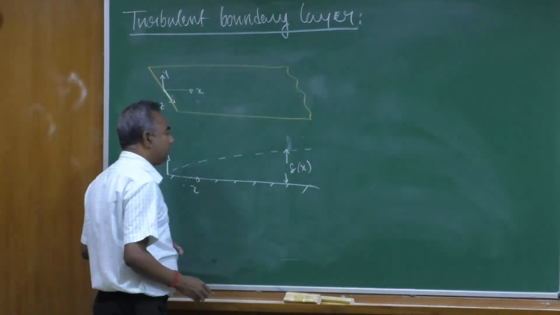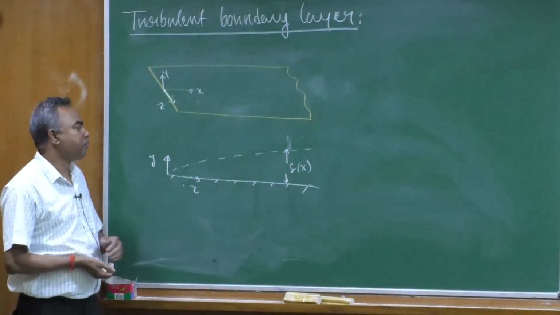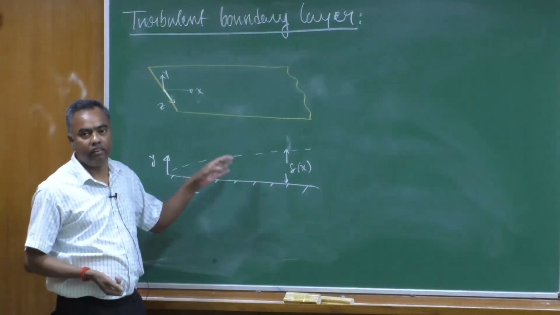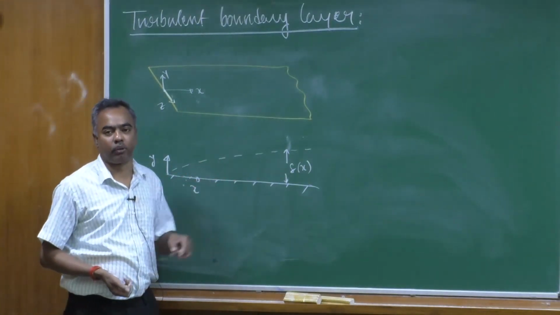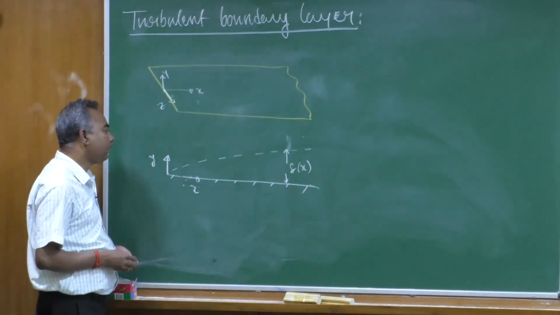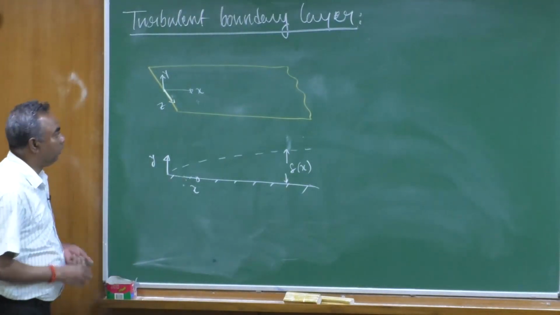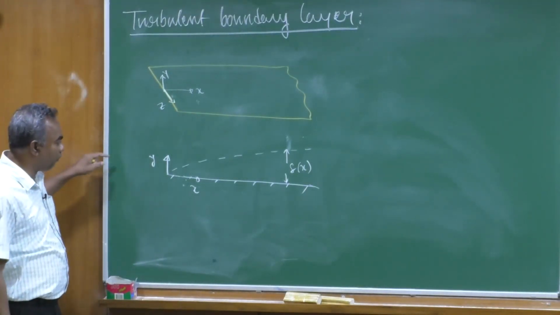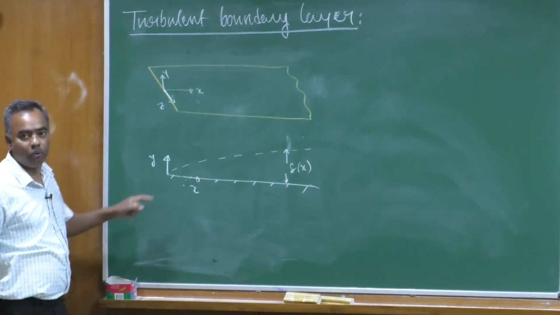What is delta? It is the height where the mean velocity is approximately 0.99 of u infinity. Okay. So, when there is a flow over a surface, there will be a boundary layer.